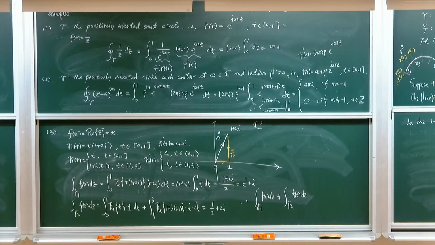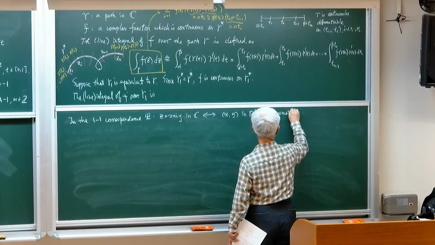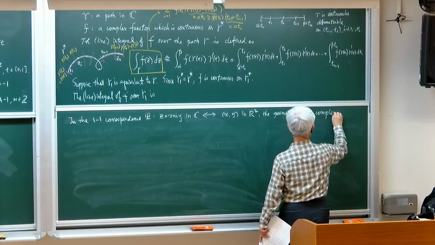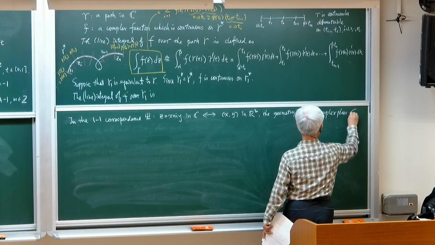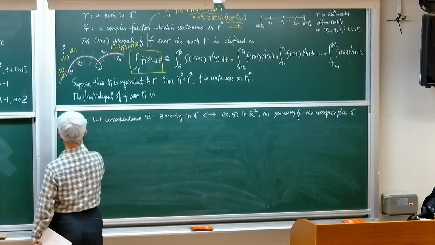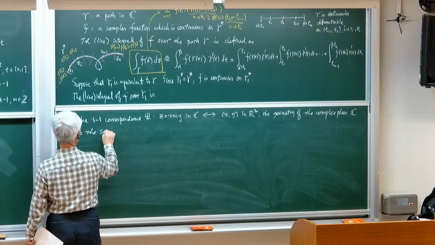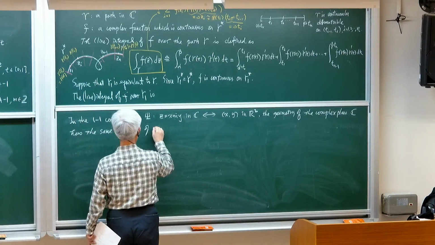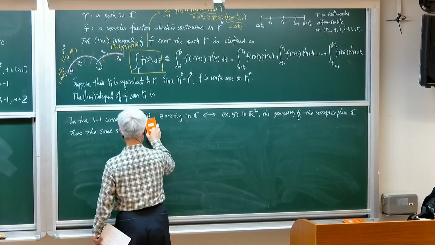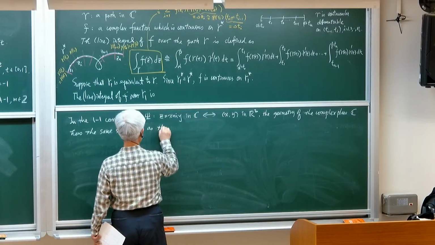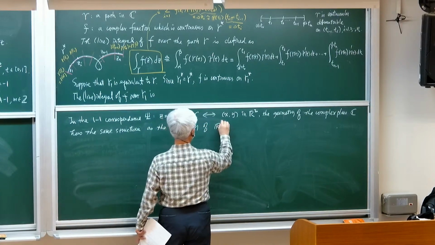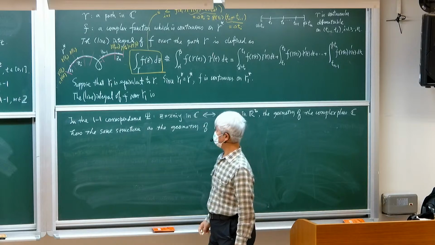So with this one-to-one correspondence, the geometry of the complex plane C has the same structure as the geometry of R2.